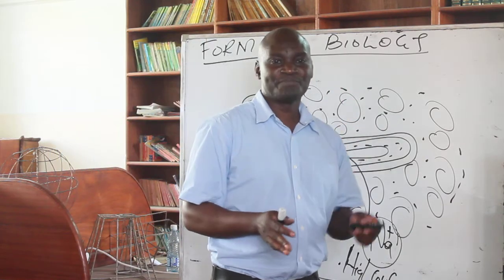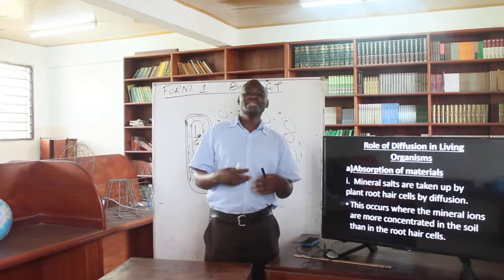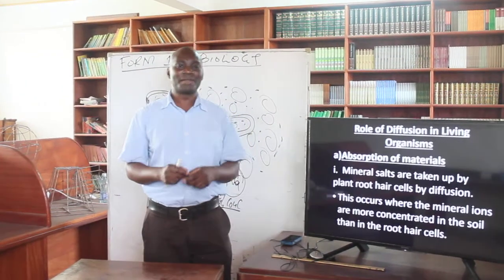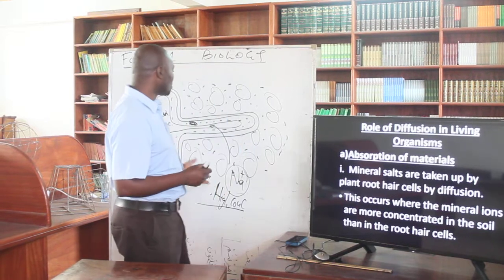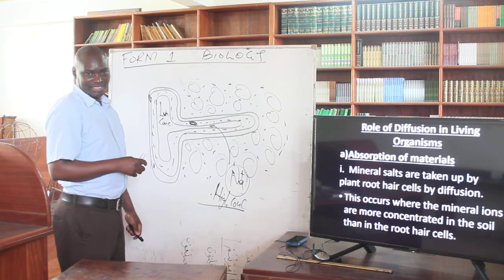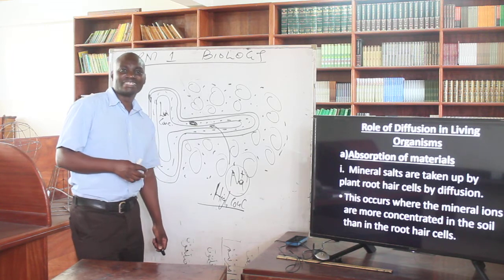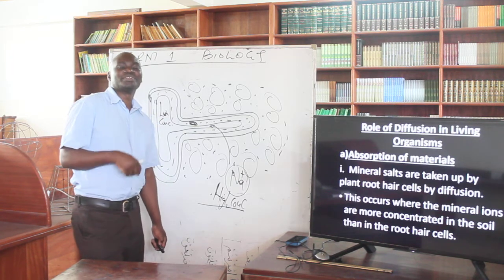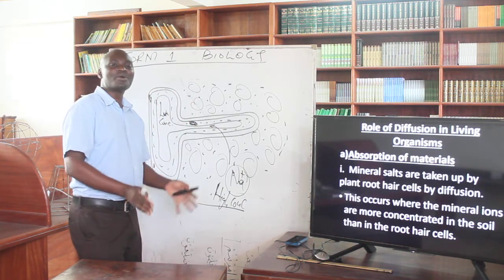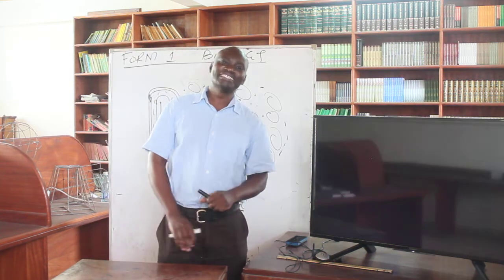So we say that diffusion is one of the processes by which mineral ions move from the soil into the plant root hair cell. That process is very important in the absorption of mineral salts from the soil into the root hair cells so that they can be transported to the leaves for use during photosynthesis.